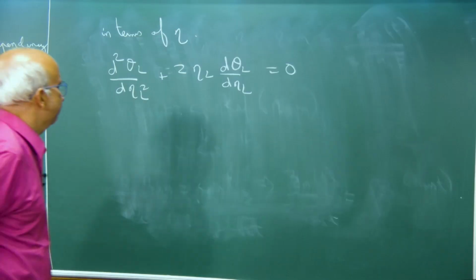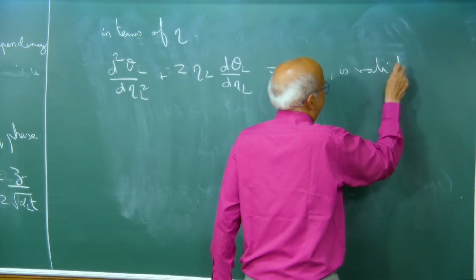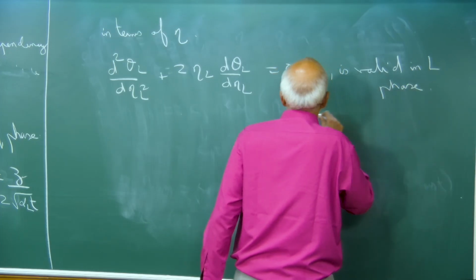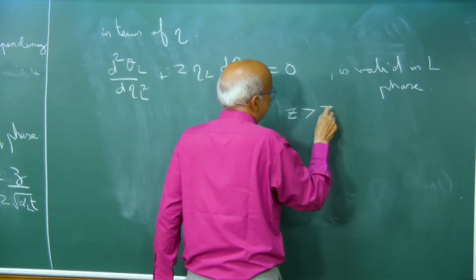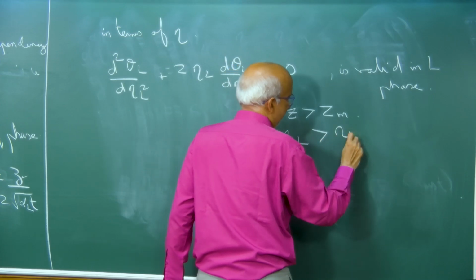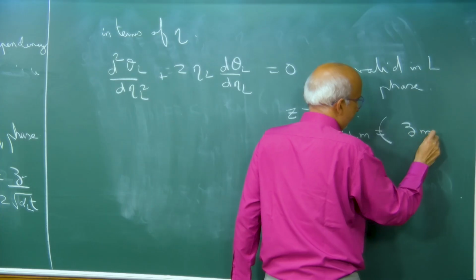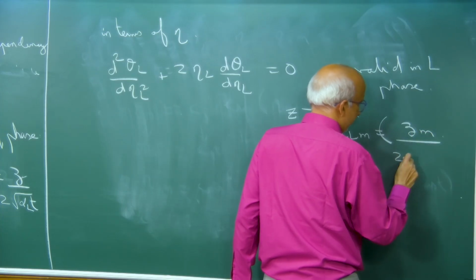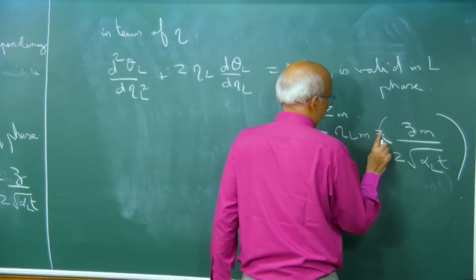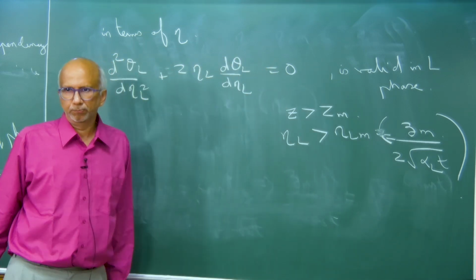This solution is valid in the liquid phase, where Z is greater than Zm, or eta L is greater than eta Lm, which is Zm by 2 times square root of alpha L t.